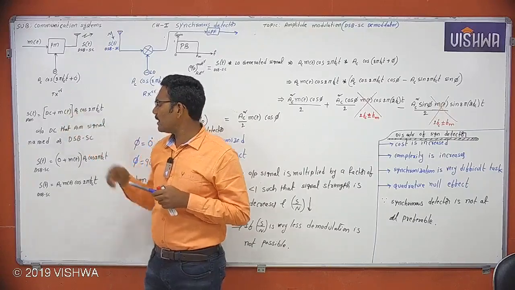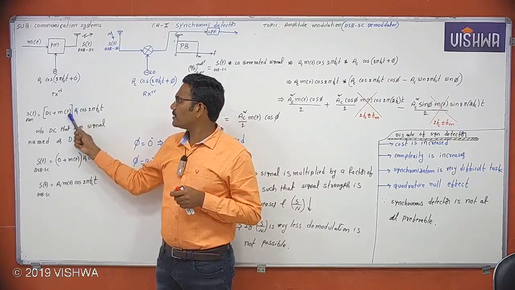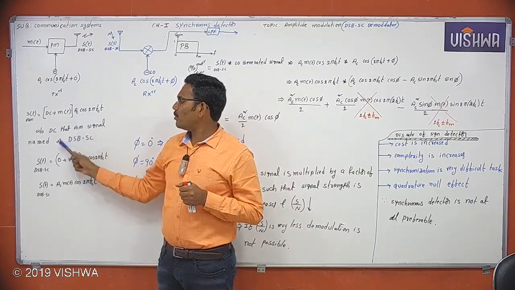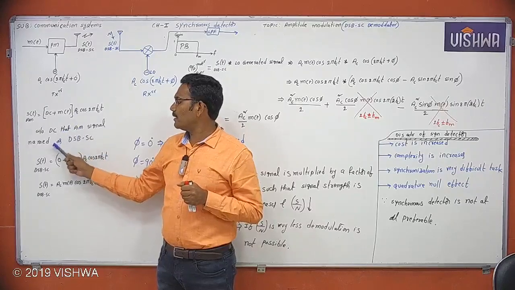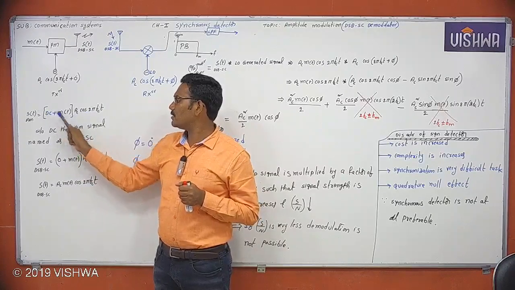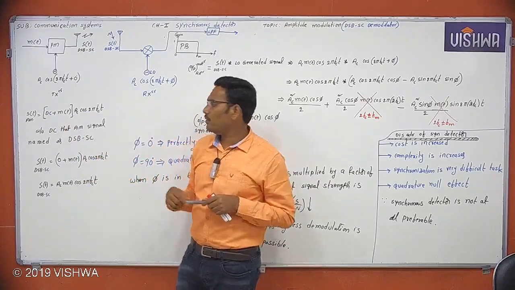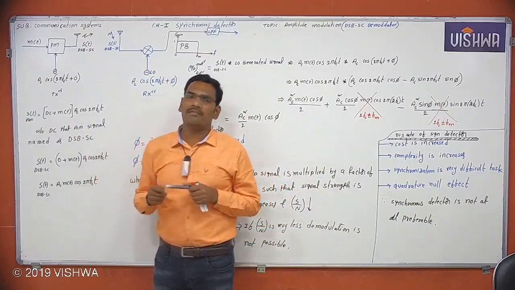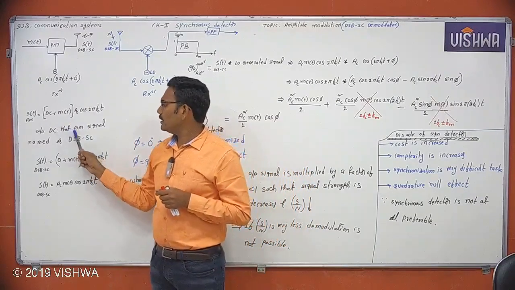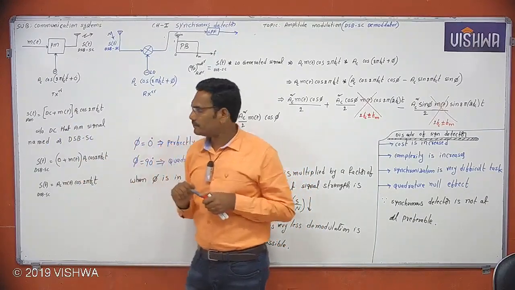Without DC, this AM signal is named two sidebands, and this DC is 0. Double sideband and suppressed carrier. Why? Because of this DC component, one carrier component is present. That's why without DC, this AM is named a DSBSC signal.